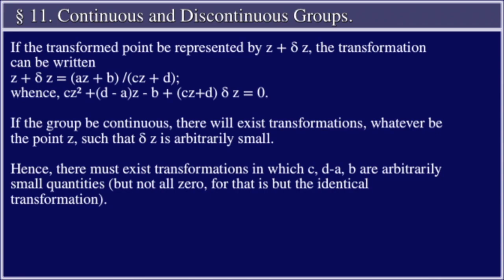If the group be continuous, there will exist transformations, whatever be the point z, such that delta z is arbitrarily small. Since there must exist transformations in which c, d minus a, and b are arbitrarily small quantities, but not all 0, for that is the identical transformation.